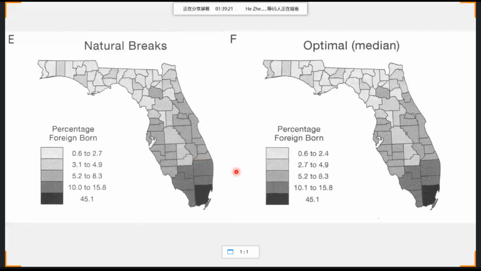But with other, more complicated data, it might be more important to have an approach like the optimal method, where you can exactly compute everything, and it's not based on individual interpretation like it is here. So I hope this answers your question.